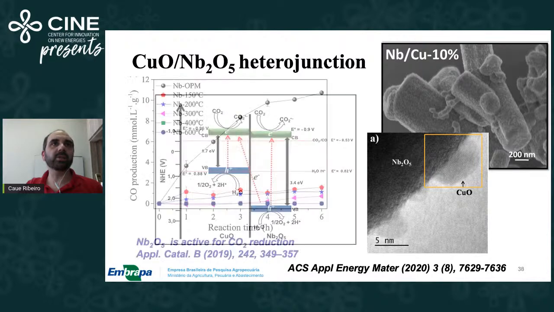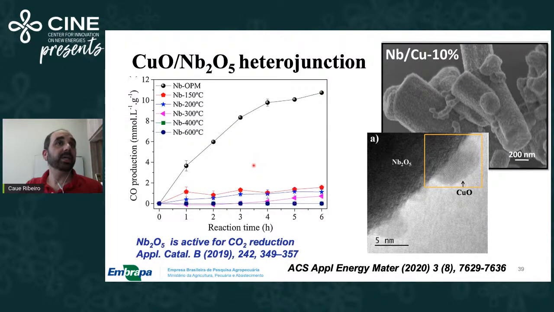The renewable oxide. We have seen that this oxide is one of the active catalysts to produce monoxide from CO2, using the same system, bubbling CO2 in water, using this semiconductor as a powder dispersed in water. But at the same time, we have used this structure to support a copper oxide.